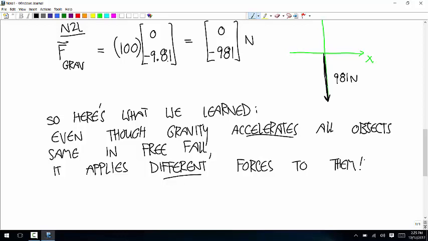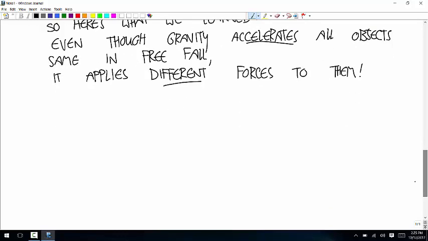And so the force that gravity applies to bigger things is enough bigger that it exactly balances the more massive object's resistance to acceleration and makes the big thing and the small thing accelerate the same. Okay? So they do accelerate the same, but they have different forces applied. Okay, so let's do it now with just a general mass, and we'll figure out the formula.